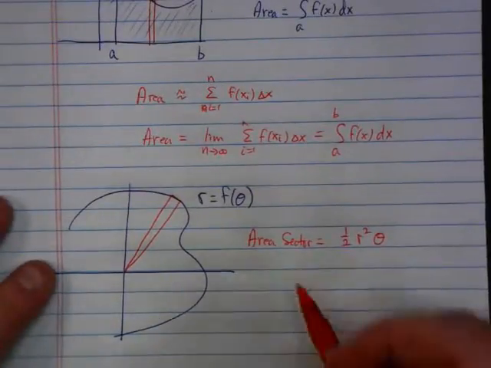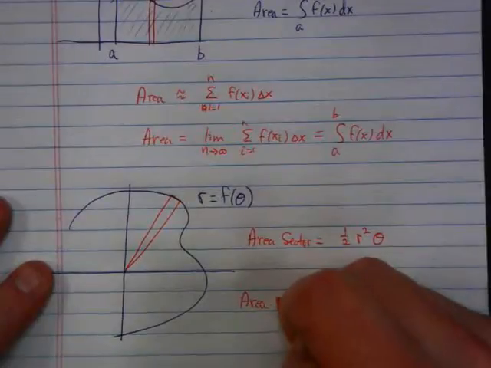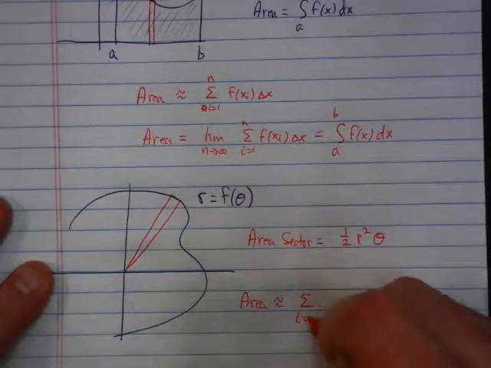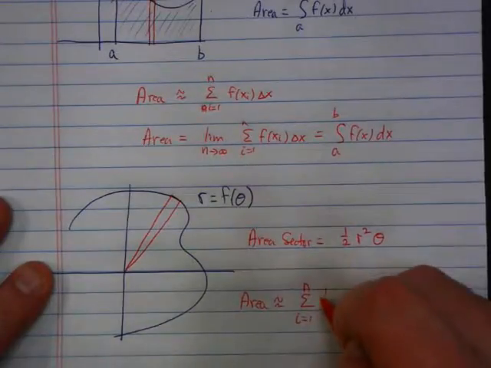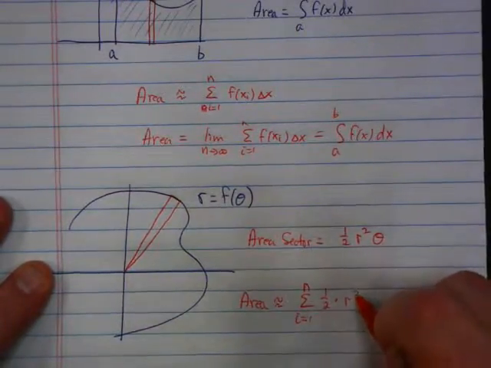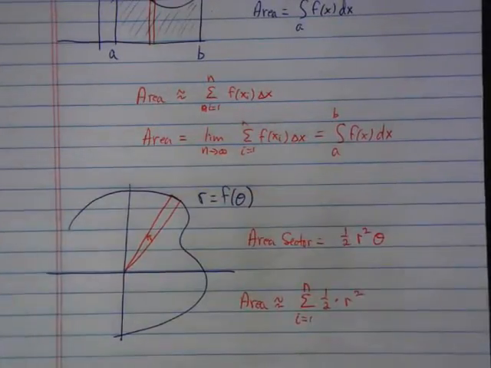So the area of the entire region is approximately the sum from i equals 1 to n of 1/2 times the radius squared. Again, we're building teeny tiny little sectors here, with a very, very small angle.